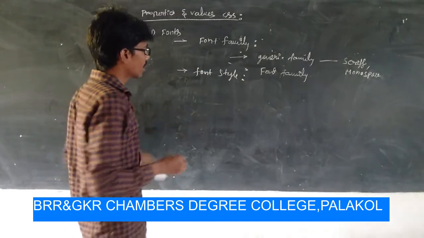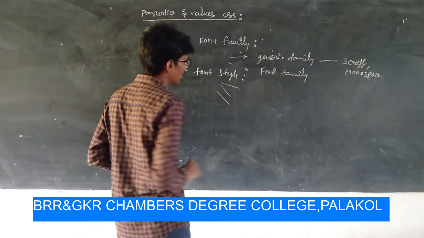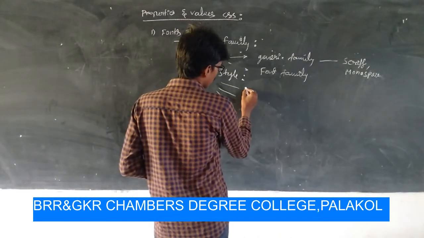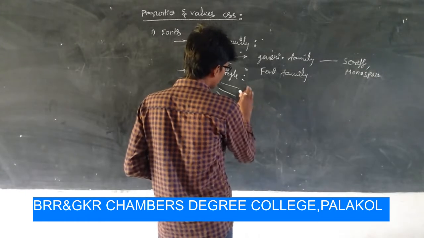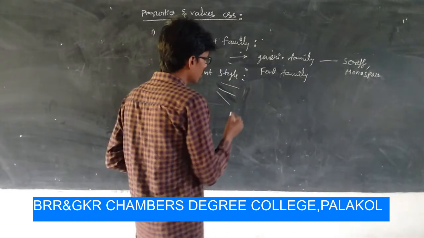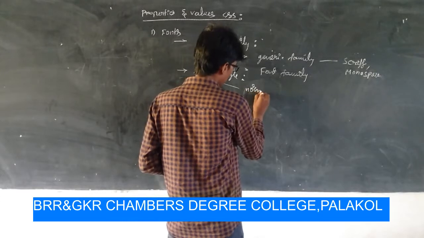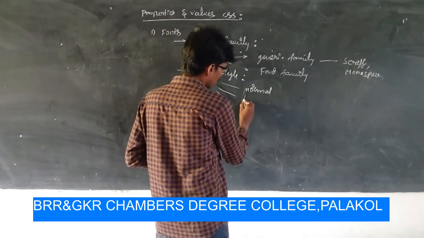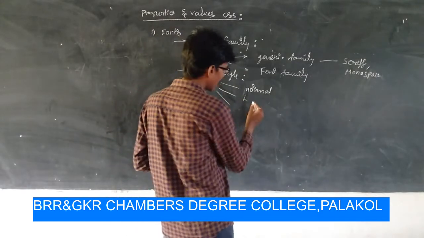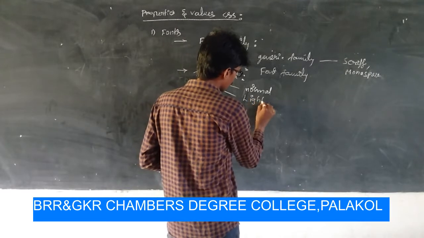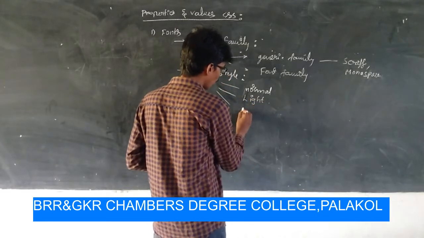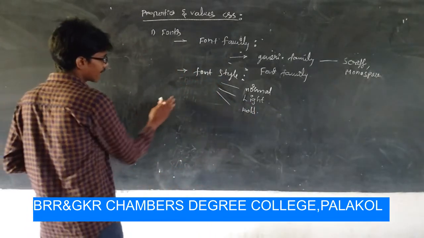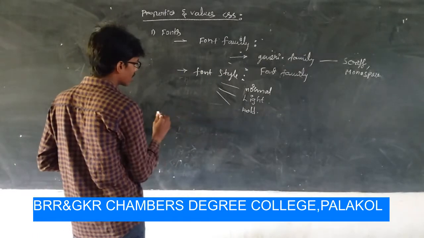If you want to mention a style, there is a list available: first is normal text, if you want to present the text as normal, next is light, and the second is bold, meaning thickness. We can explain the representation with an example.